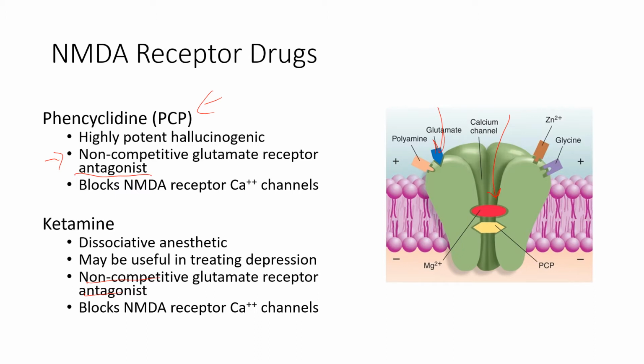It just doesn't block it to the same degree that PCP does. So it has some of the same effects as PCP, but it doesn't have as strong of a hallucinogenic effect as a result. In all, this is an anesthetic. It reduces pain.